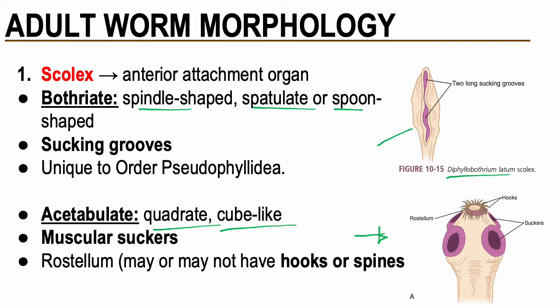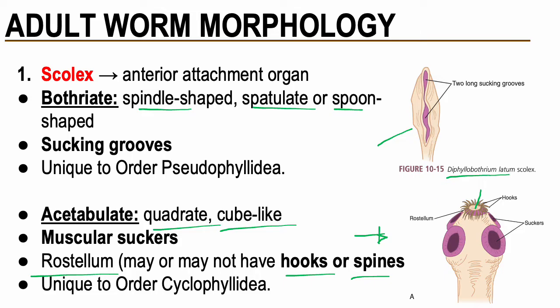Also, they contain a structure called rostellum, an anteriorly positioned part that contains hooks or spines. Again, not all cestode tapeworms contain hooks or spines, only a few that we'll be discussing later on. Acetabulate scolex are unique to Cyclophyllideans, such as Taenia species, your Taenia solium and Taenia saginata.